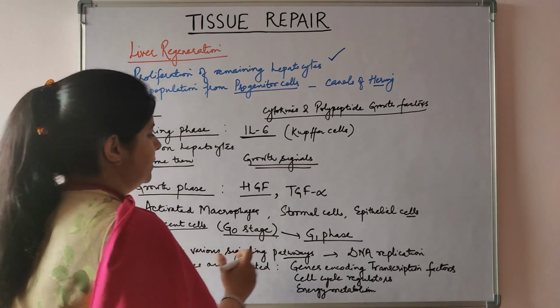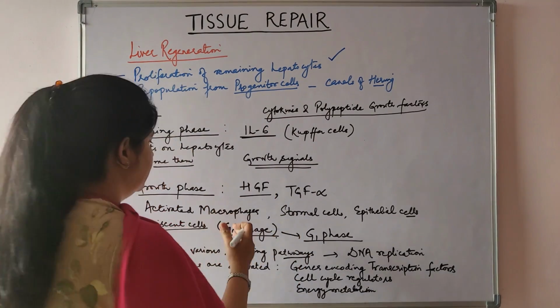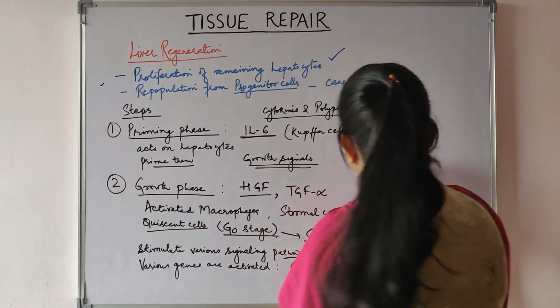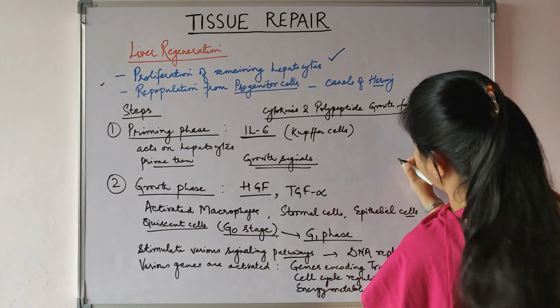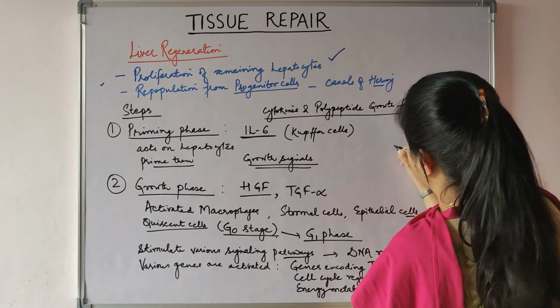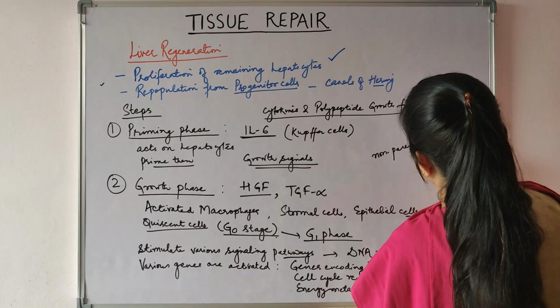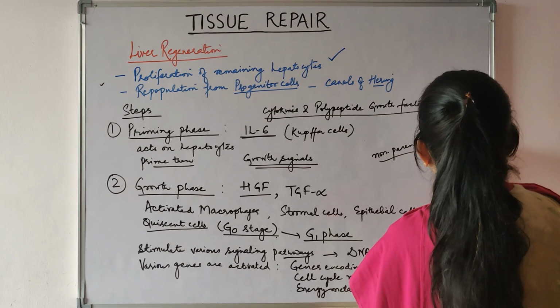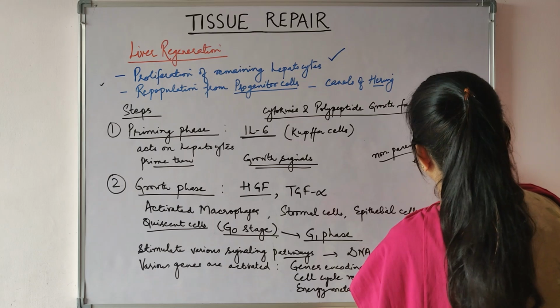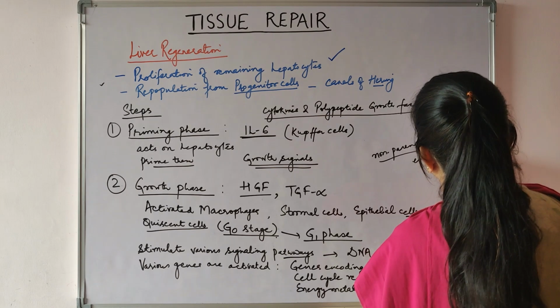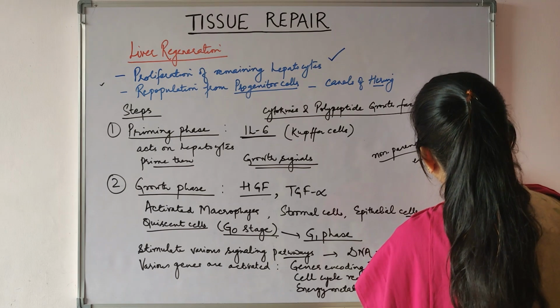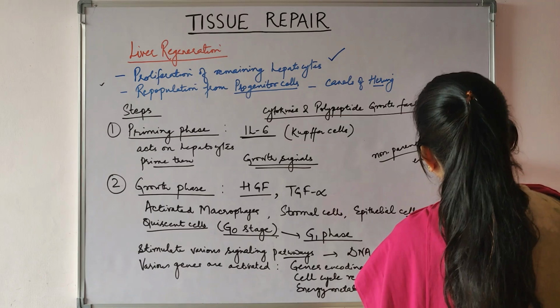So the cell enters G1 phase and the cell then divides. After hepatocytes, the other non-parenchymal cells like the endothelial cells and Kupffer cells proliferate.